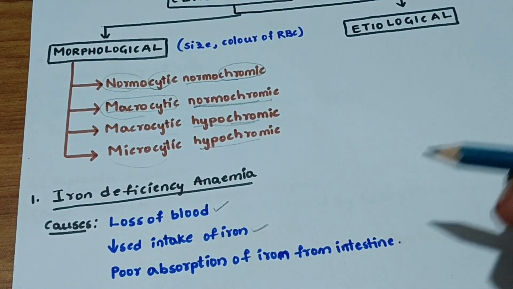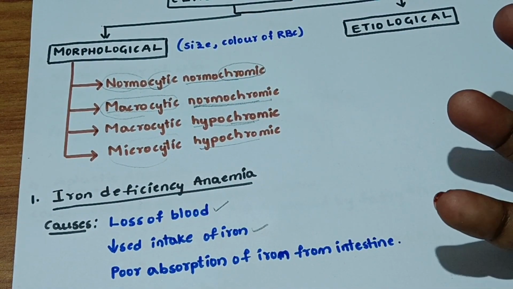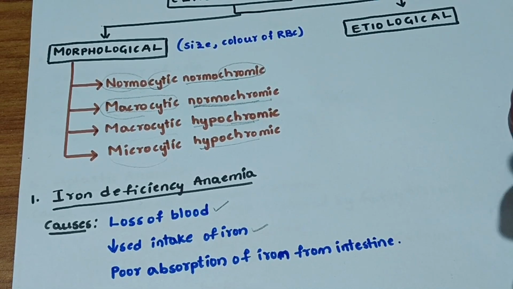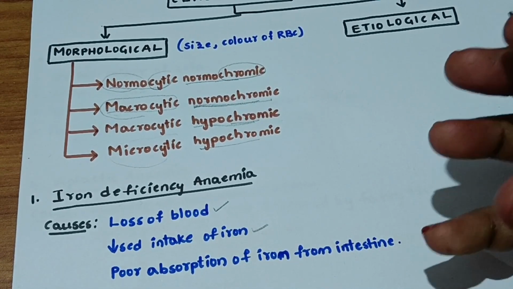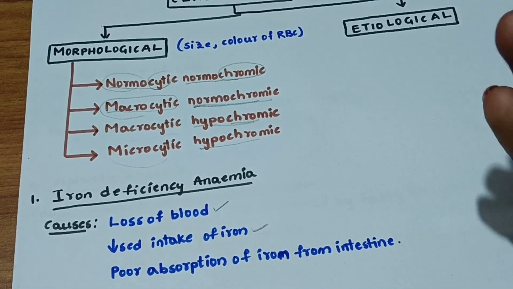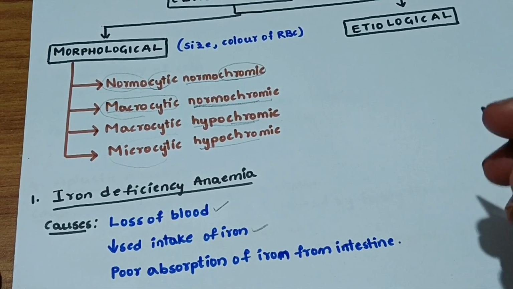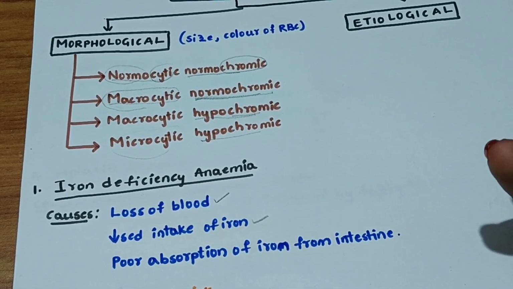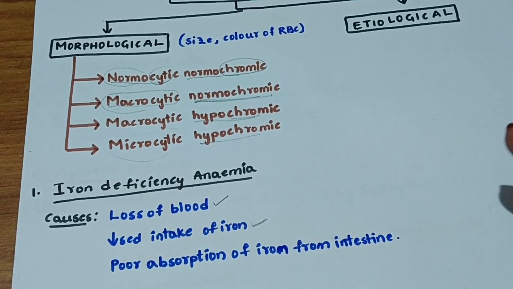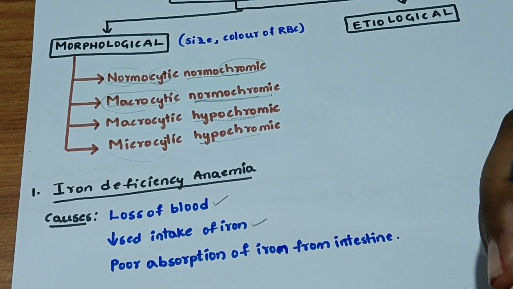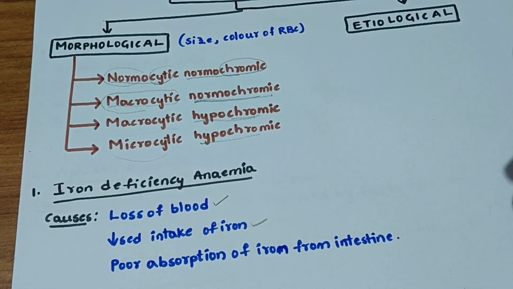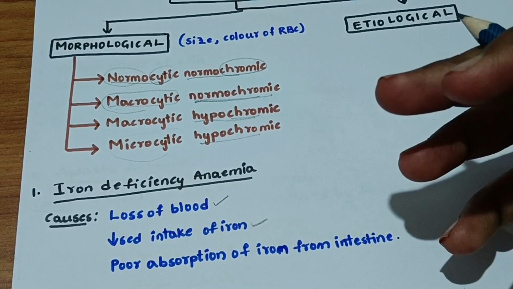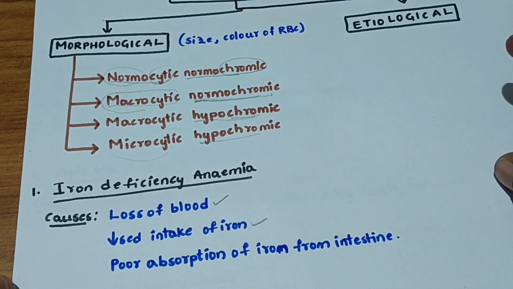From where do we get iron? We get it from the food that we take, after metabolism. So if there is decreased intake of iron and poor absorption of iron from the intestine, the iron directly cannot be injected into the blood, right? We take the iron from the food, and that is absorbed from the intestines into the blood vessels, capillaries.